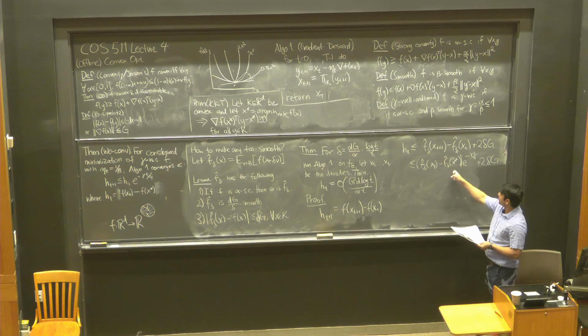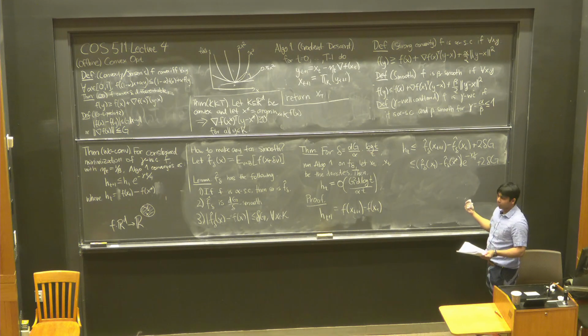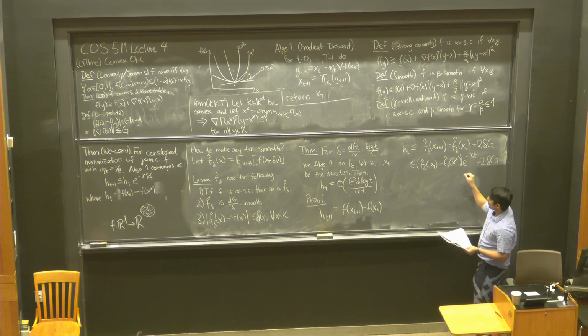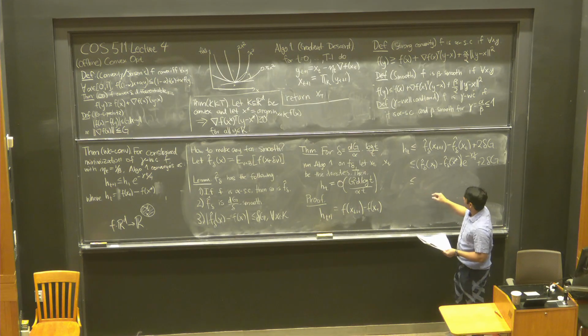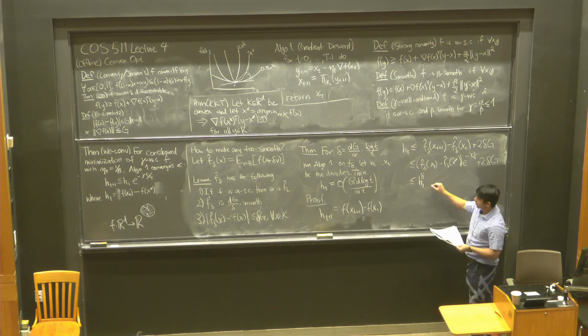Once we have this, all we have to do is choose our parameters, choose our smoothness parameter effectively, because remember, gamma also depends on delta. I guess I can write the dependence. Let's just call this H1 delta, just for ease of notation.